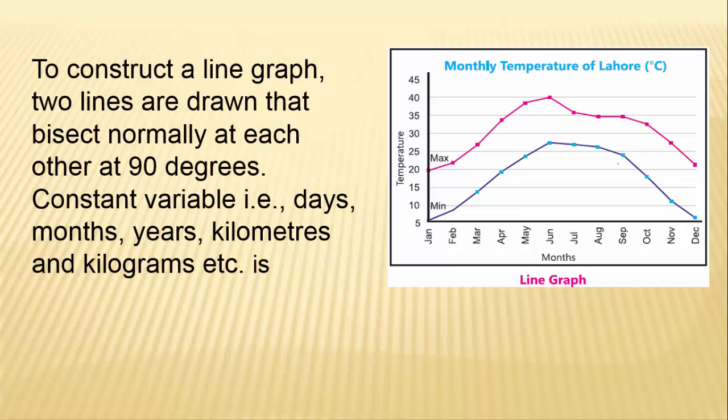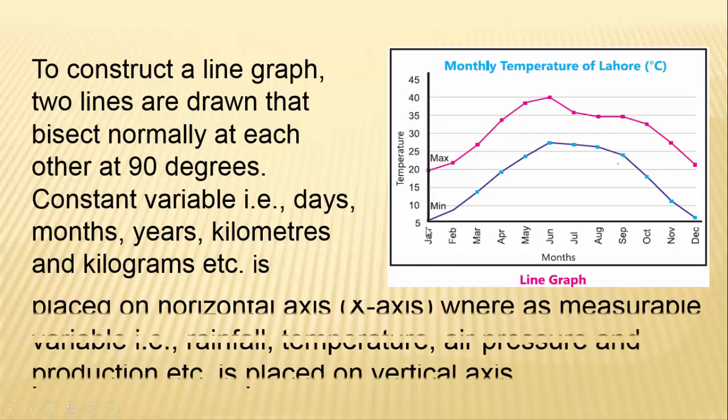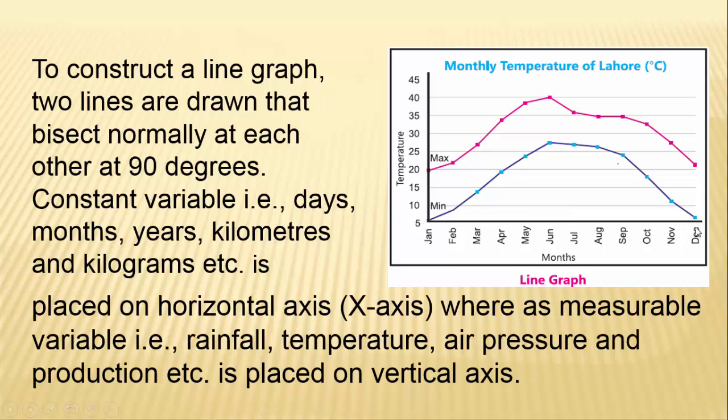To construct a line graph, two lines are drawn that bisect each other at 90 degrees.